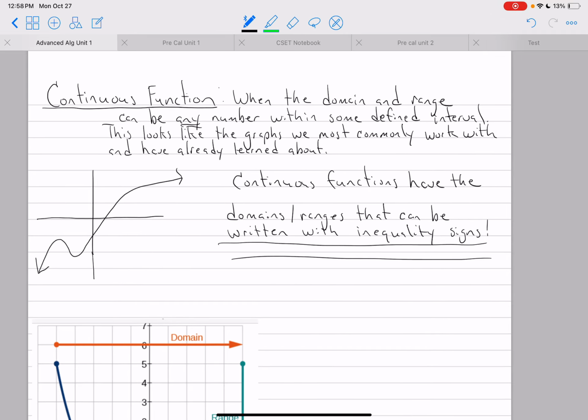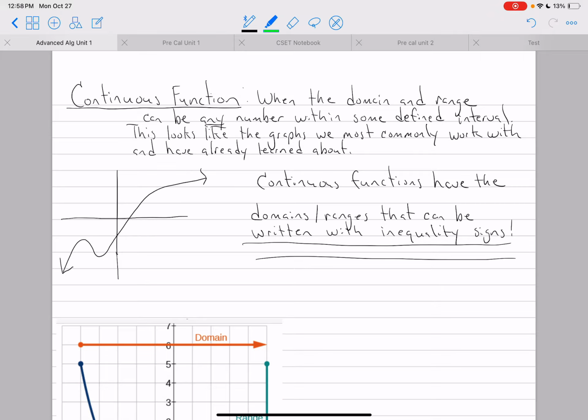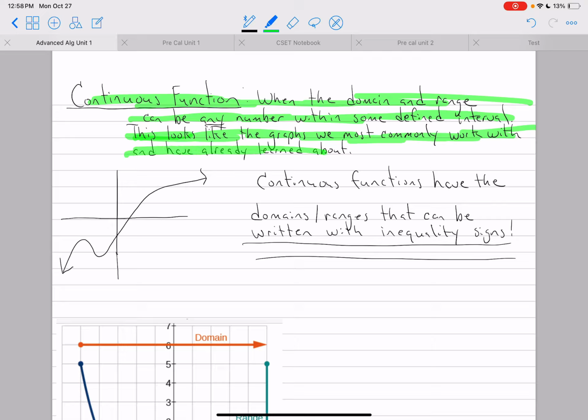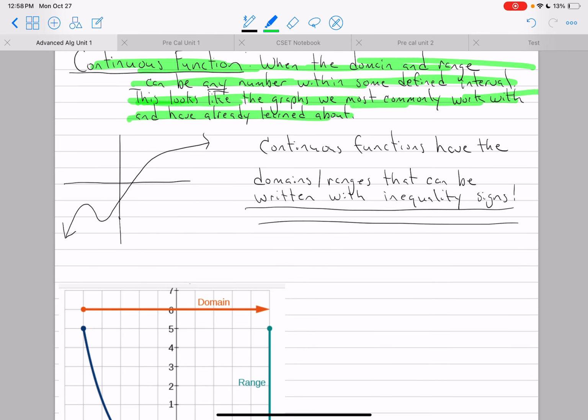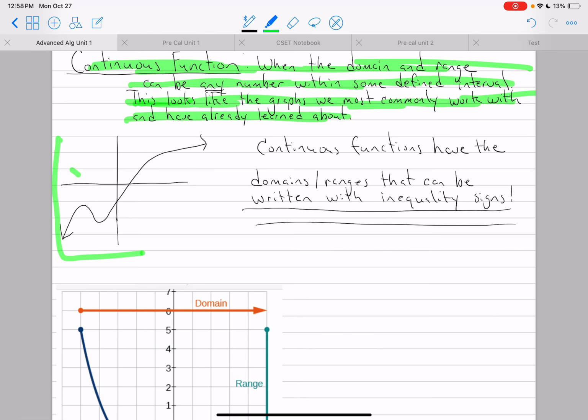So now let's go to the other thing. It's called a continuous function. A continuous function is when the domain and range can be any number within some defined interval. This is what we've been working on this whole time. So this looks like the graphs that we most commonly work with and have already learned about. So for example, this right here is a continuous function.